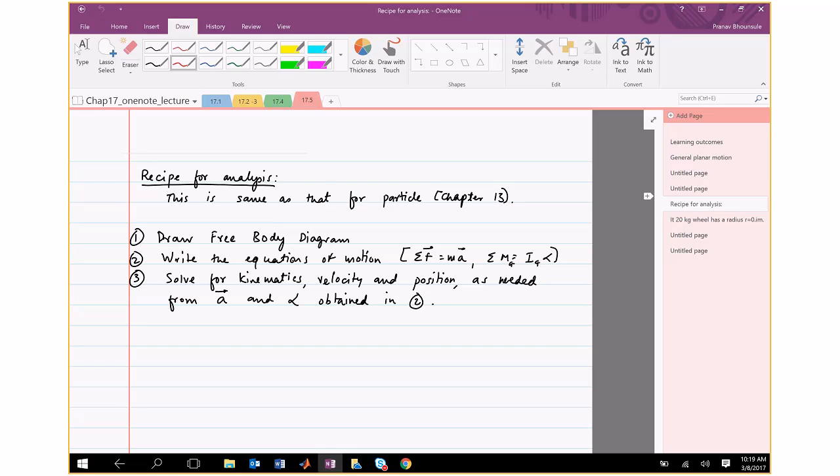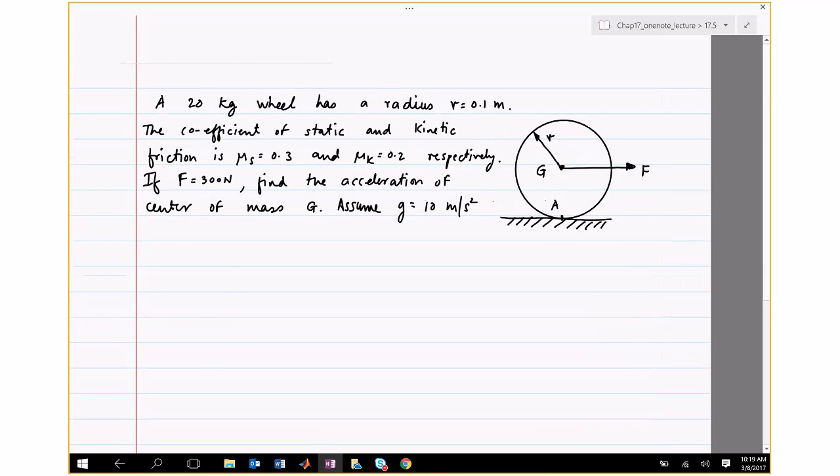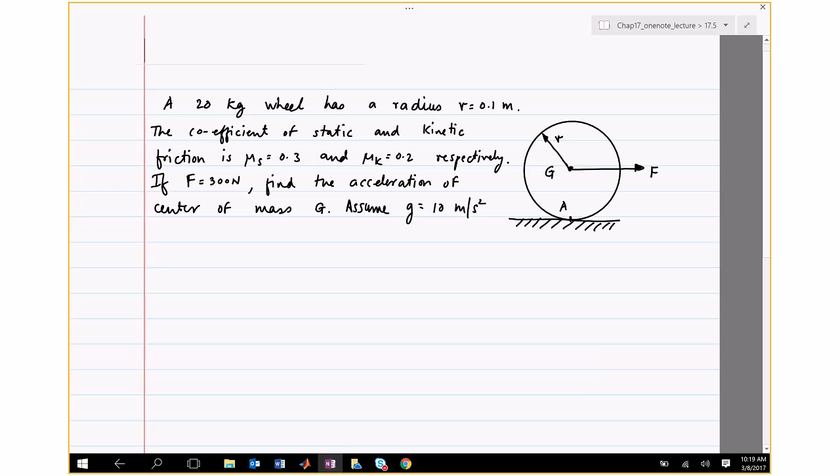Okay, so here is a problem I just made up to illustrate what I just talked about, rolling and sliding. A 20 kilogram wheel has a radius of 0.1 meters. The coefficient of static and kinetic friction is 0.3 and 0.2.